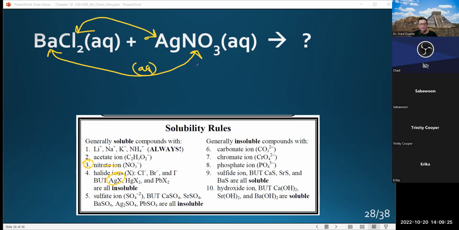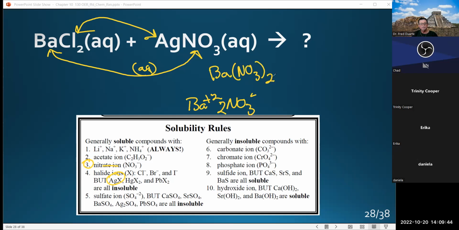All right, so let's write everything in ionic form. We got barium, which is a +2 species, ionic form. And then the nitrates are a -1. Okay, means we got 2 nitrates. So we got barium, parentheses, NO3 subscript 2.